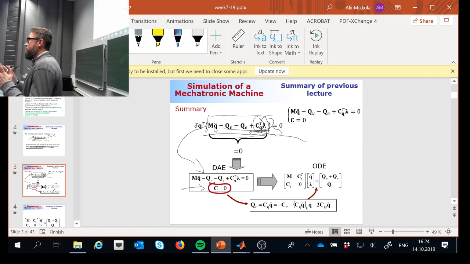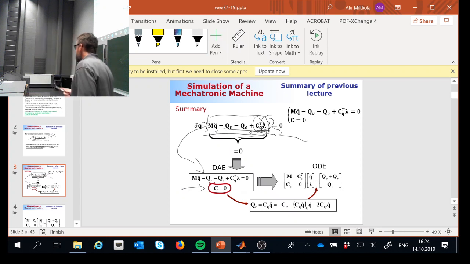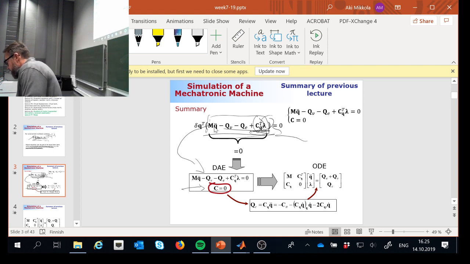Together those are called a set of differential algebraic equations, which you may be able to solve already. But we did one more step to make them numerically easier to deal with: we converted this set of differential algebraic equations to an ordinary differential equation.